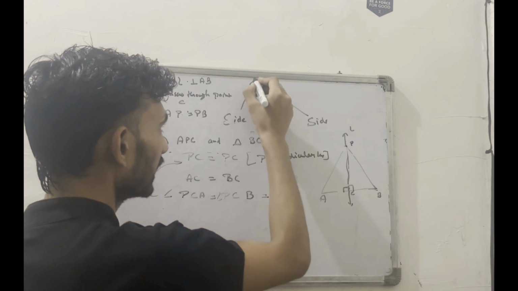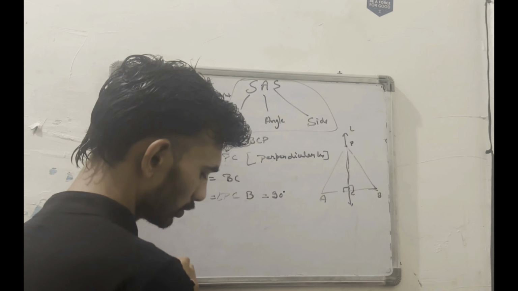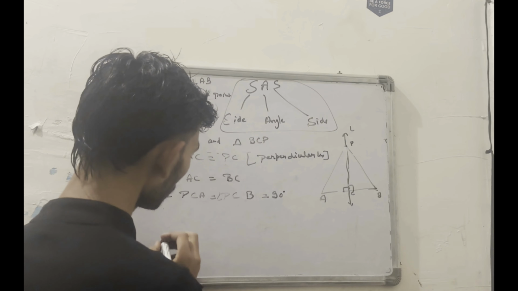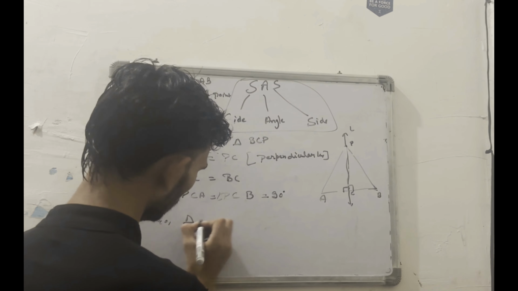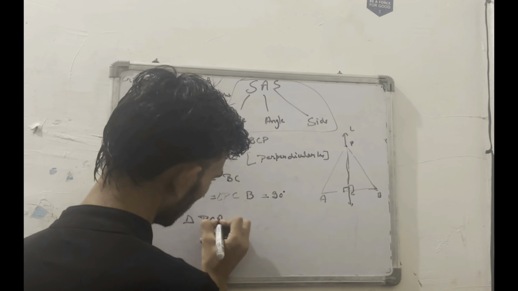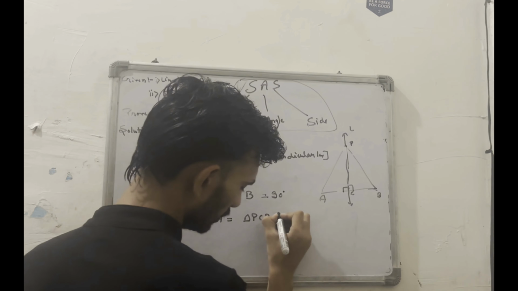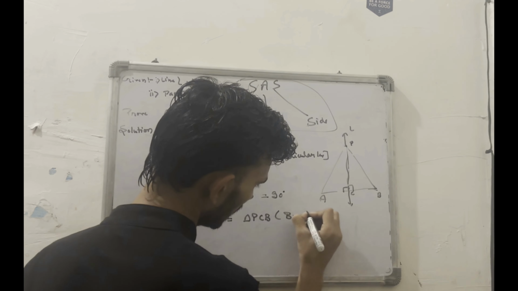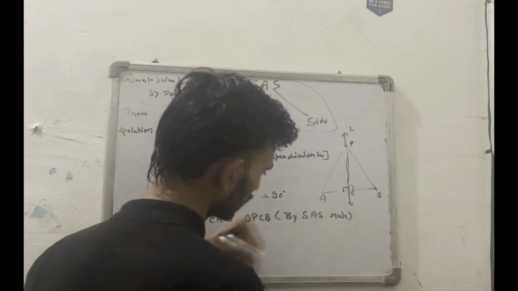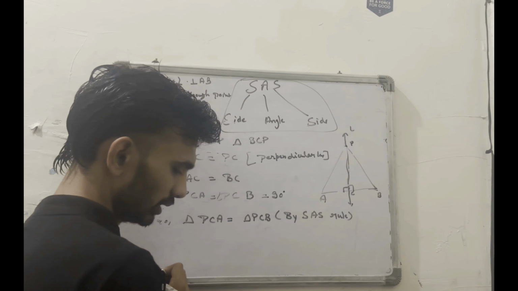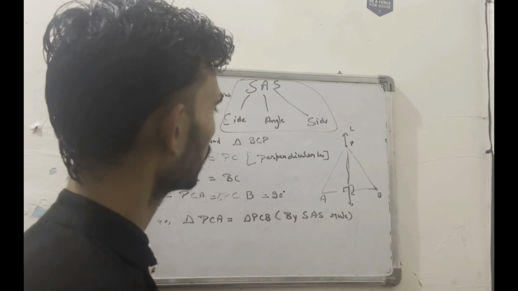With that property, we will write that triangle PCA equal to triangle PCB by SAS rule. So that one is your example number 2.